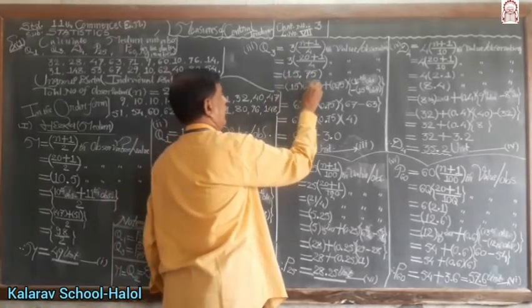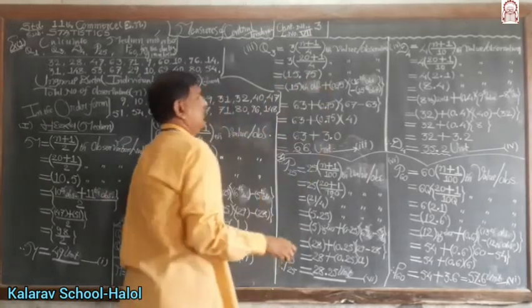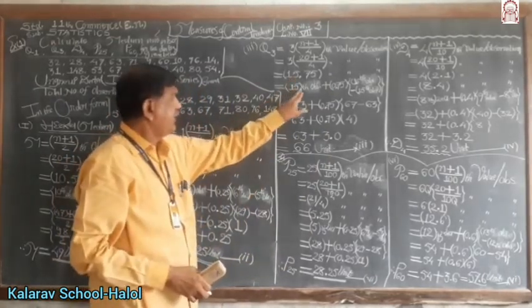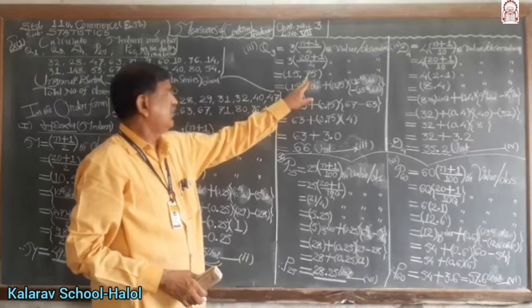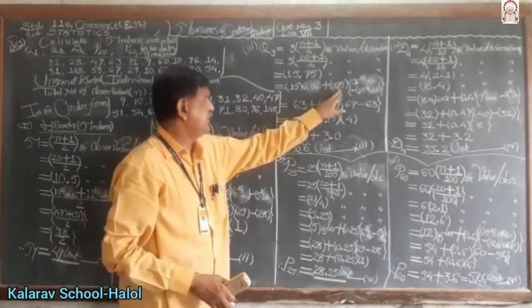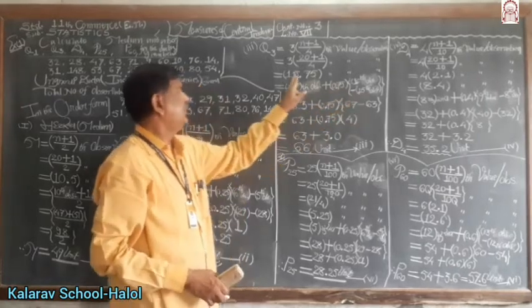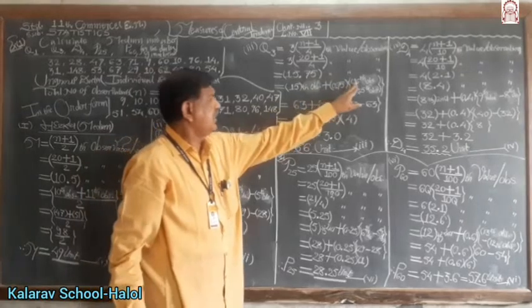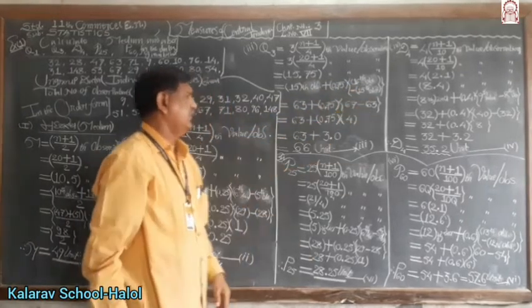In 15.75 the complete integer is 15. Therefore, 15th observation. Fraction part 0.75 means plus 0.75 in the another bracket. This value lies between 15 and 16. Therefore, 16th observation minus 15th observation.